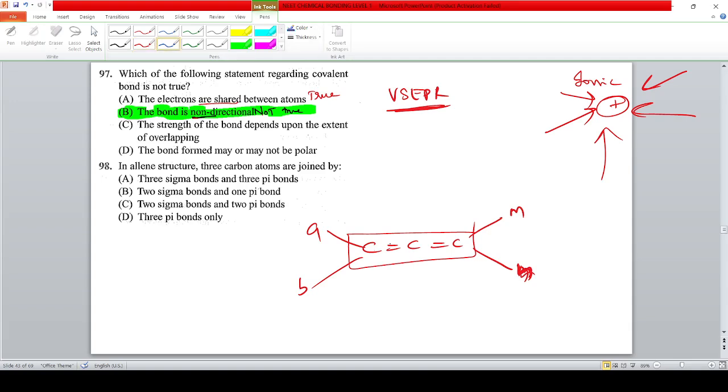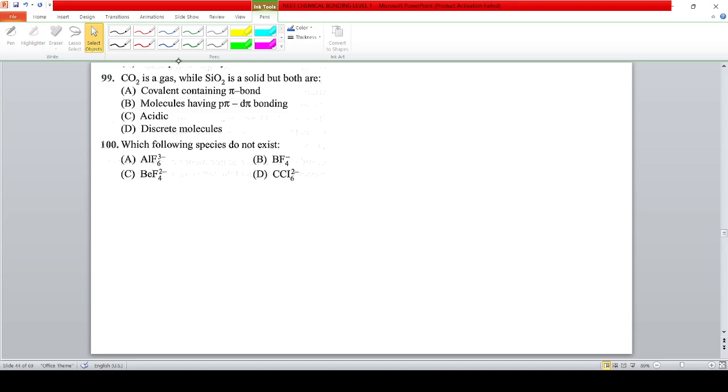They are joined by 1 sigma and 1 pi bond here, 1 sigma and 1 pi bond here. So what is the answer? If they ask about 2 carbon atoms, it means 1 sigma and 1 pi. They are asking about all 3. That means 2 sigma bonds and 2 pi bonds.